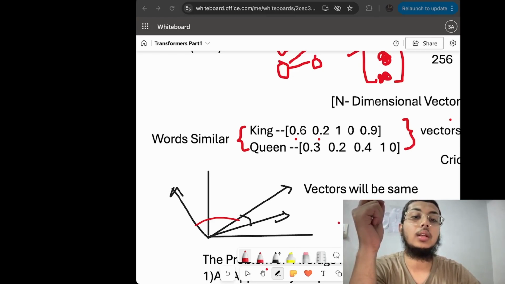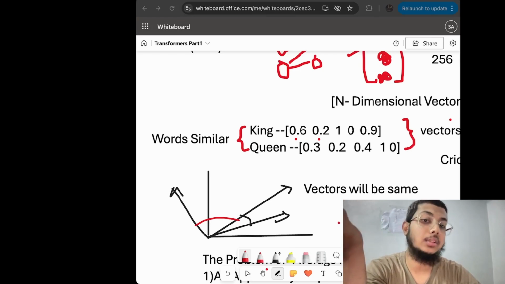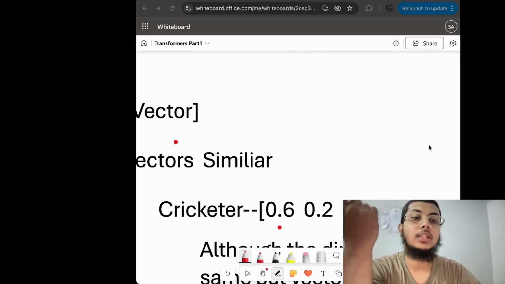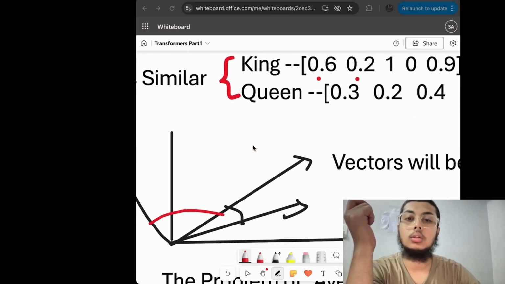Let's say if we take another word like cricketer, then we are representing cricketer also with five numbers, but this five-dimensional vector will look very different from both of these.